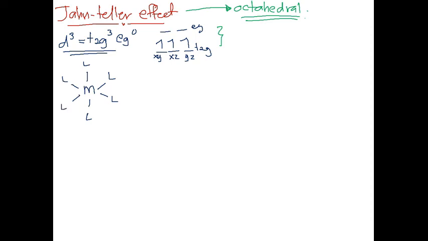And then these are the electrons yang fill in dalam the orbitals. If you look at these electrons, they are in between the x, y, and z axes. So it means that they fit here lah, dalam tengah-tengah ni.